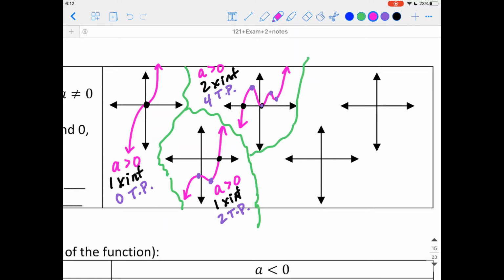Another kid that we can have is this one right here. Our A is still greater than 0. We have 1, 2, 3, 4, 5 x-intercepts. And we have 1, 2, 3, 4 turning points.